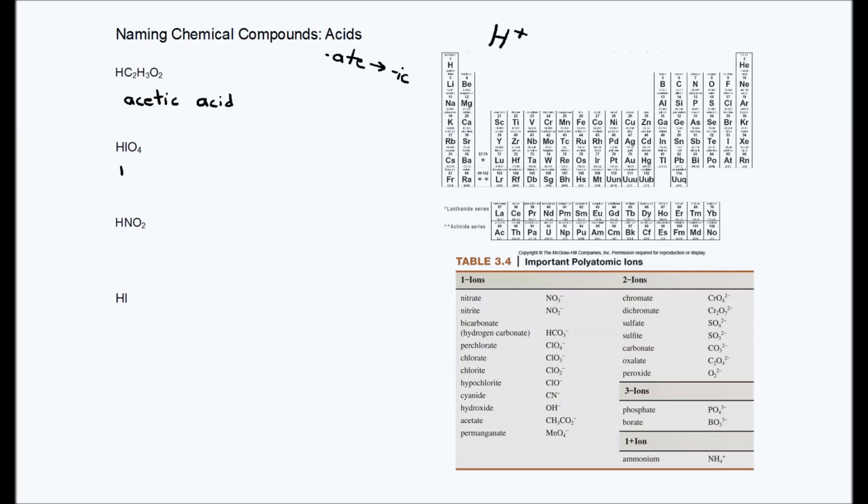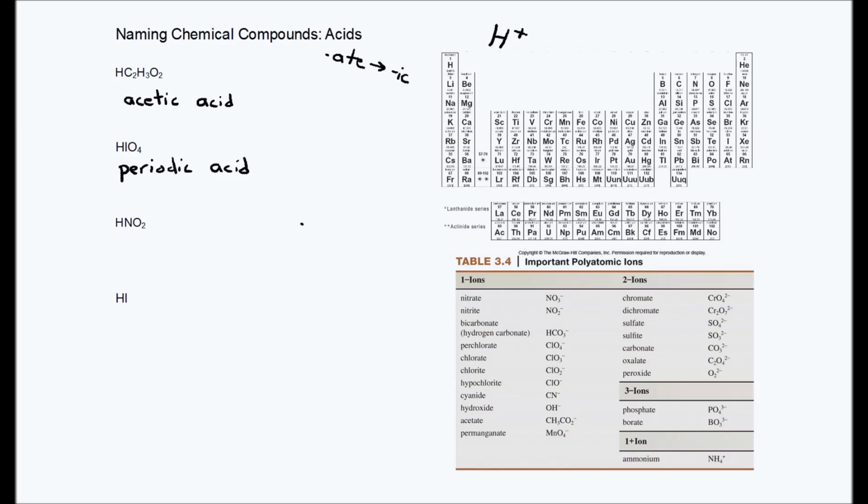Iodate, iodite, and hypoiodite for the I versions of all those. So here I have IO4 minus, which will be periodate. So periodate becomes periodic. But it's really just periodic acid because it comes from periodate, which comes from perchlorate, which is just what we see there in the table.